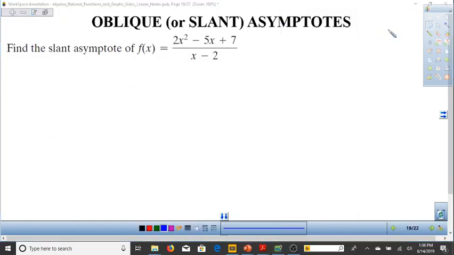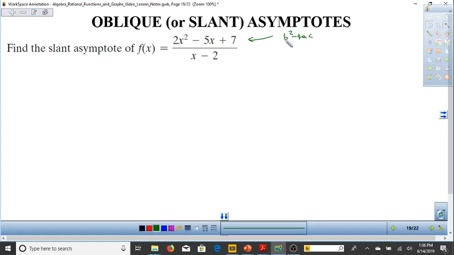There we go. So the first thing we're going to do is try to find our domain restrictions. I'm going to try to factor the top. Now, when I try to factor the top, if I look at the discriminant, it will tell me if I can factor or not. So the discriminant of the top is b squared minus 4ac.